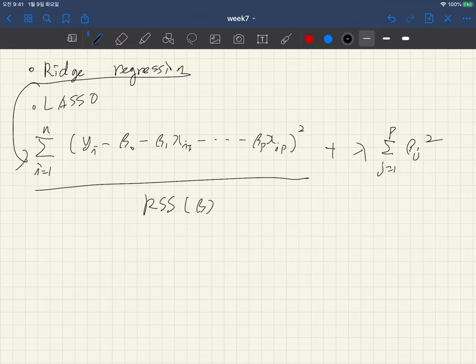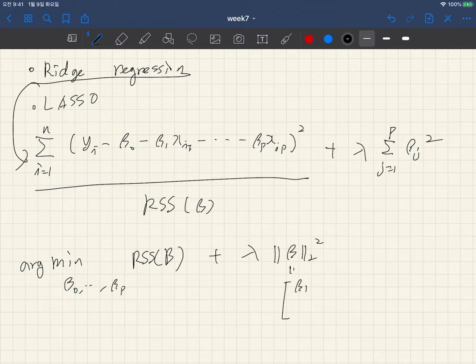Okay, so basically Ridge regression finds the argument of your parameters beta 0 to beta p that minimizes the RSS function with respect to your parameter beta plus lambda times the two-norm squared of your parameter vector beta, which consists of parameters beta 1 to beta p. Here the two-norm means, for any vector x, you can define some p-norm.